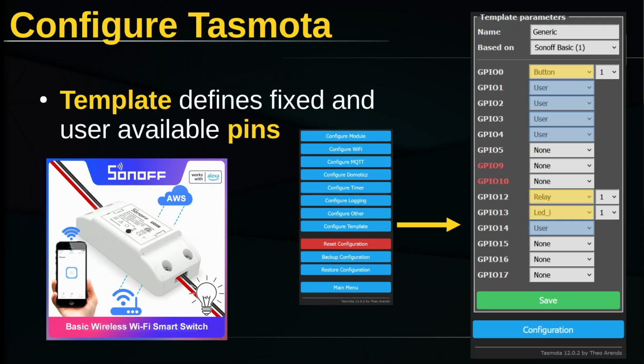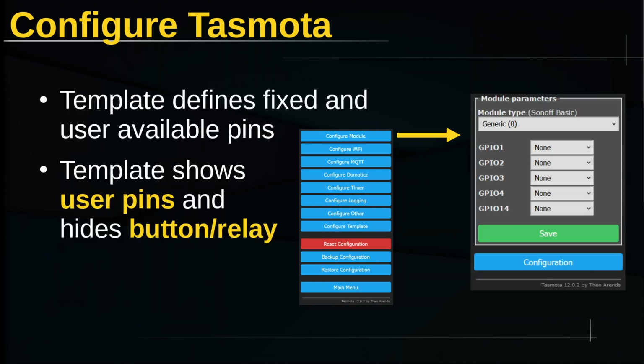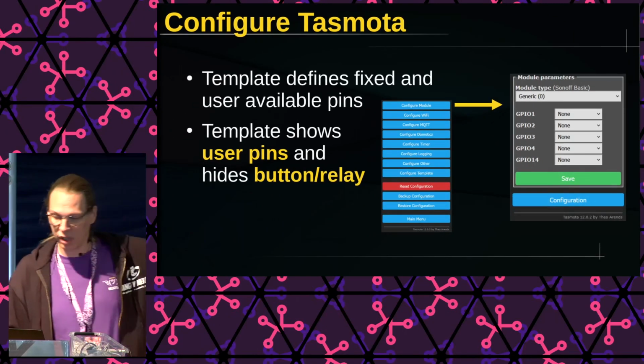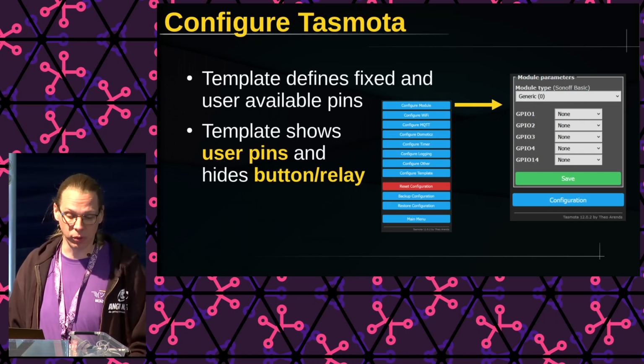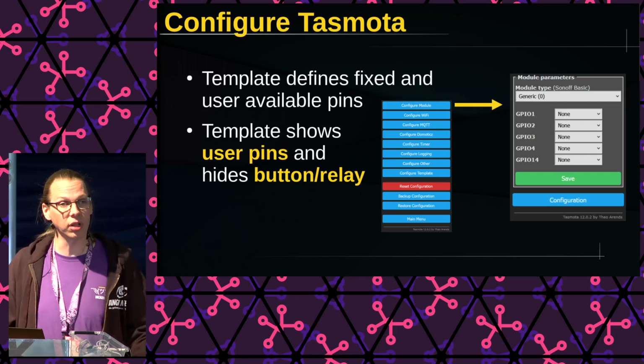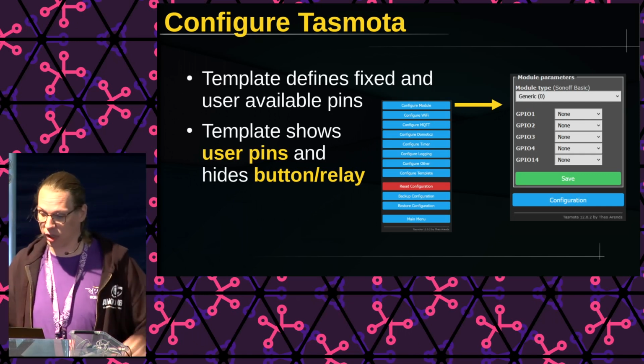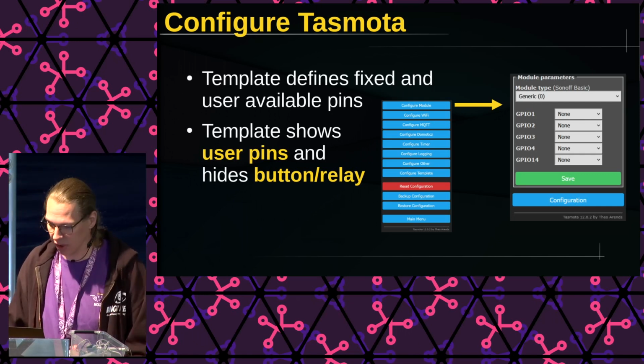The pins that are user-definable, which can be used by the user, and for the Sonoff there's a few pins, actually a few IOs broken out on pins on the inside. You put them as user, and then when the user has selected the template and goes into the module configuration, you see the pins that were user-defined available to set up whatever you want. So if you would want to connect something extra to it, this is where you tap into.